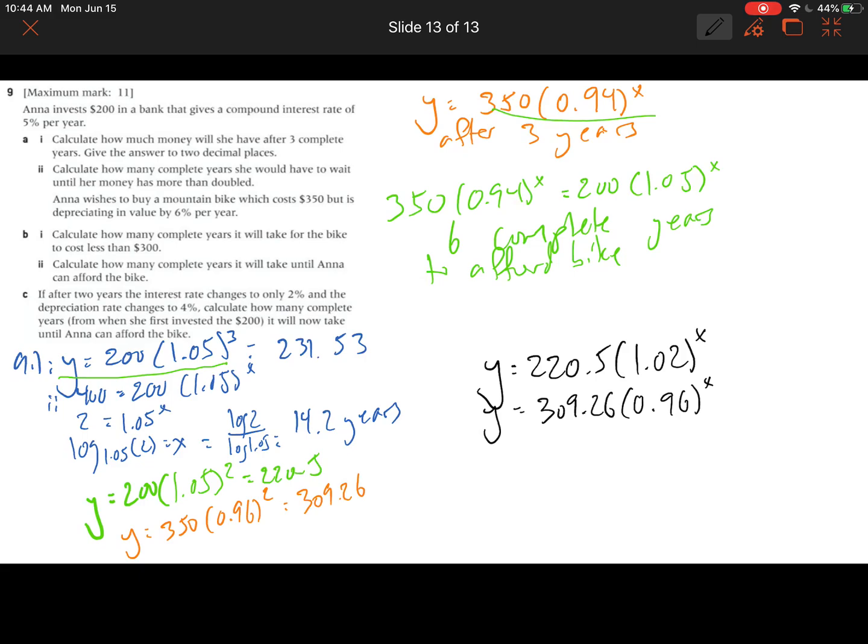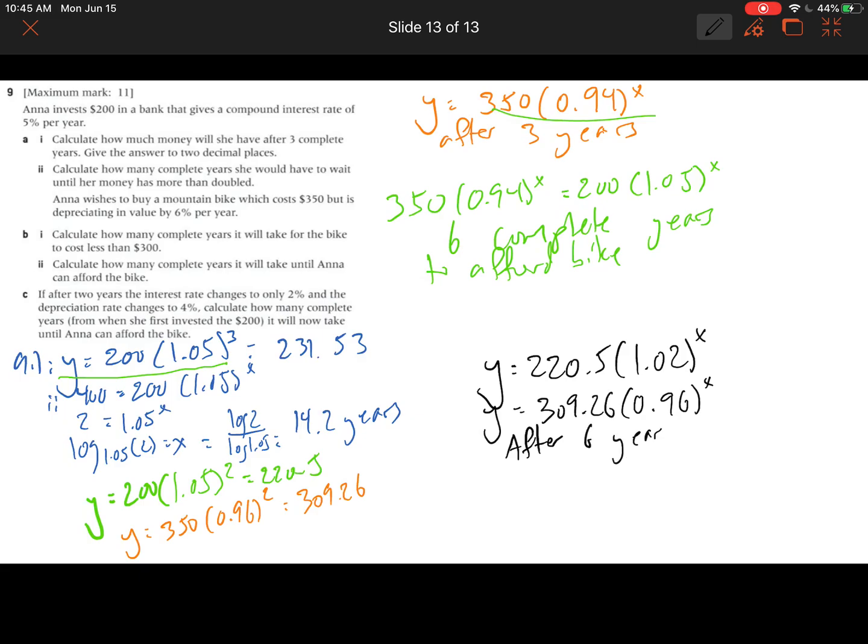And again, I'm going to do the same thing. I need to see when one of these overtakes the other one. So y equals 220.5 times 1.02 raised to the x. Y is equal to 309.26 times 0.96 raised to the x. They intersect at 5.58.